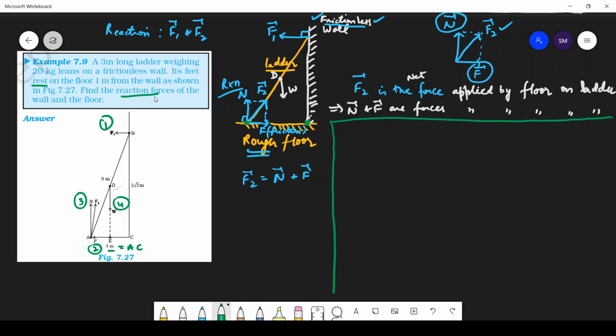Now we have to find the reaction forces of the wall and the floor, which means you have to find F1 and F2. This is what you need to find in this question.